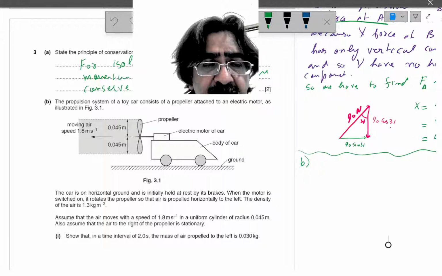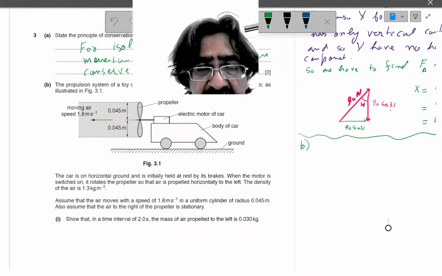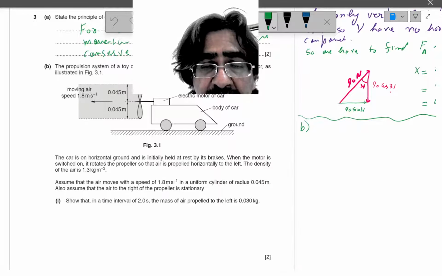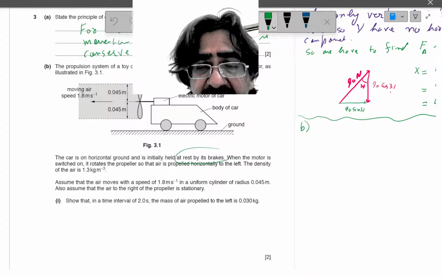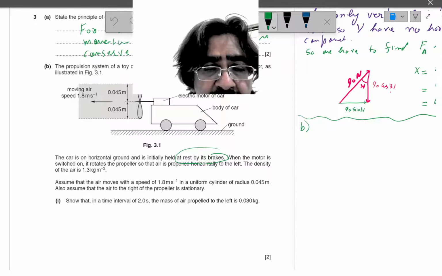Fan diameter is 0.045 meter. The car is on horizontal ground and is initially held at rest by its brake. That is important. Firstly, it's at rest by the brake when the motor is switched on.